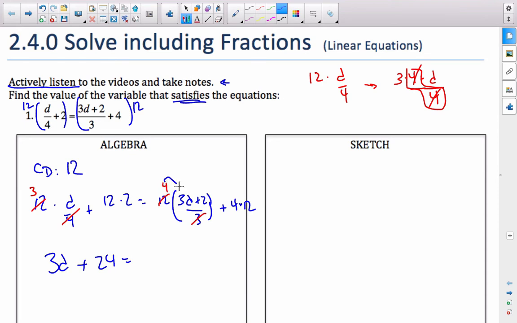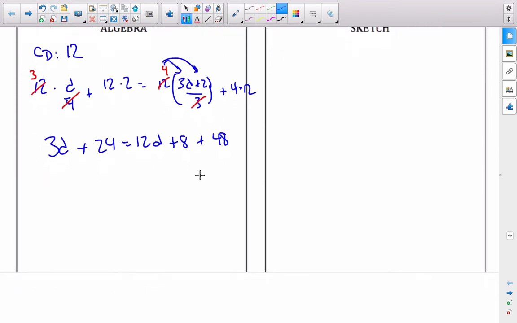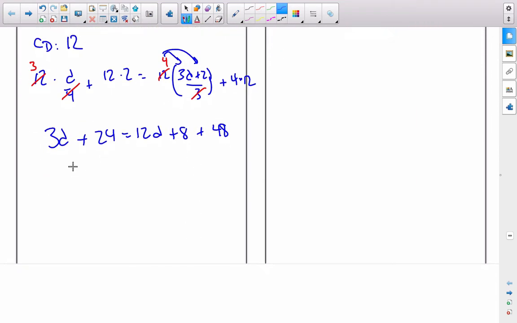So when I do that, I get 3d plus 12 times 2 is 24 is equal to, now I have to distribute this. Be careful there. 12d plus 8 plus 48. Did I make any mistakes yet? Am I good? I hope not. I'm checking now. So 3d plus 24 equals 12d plus 56.